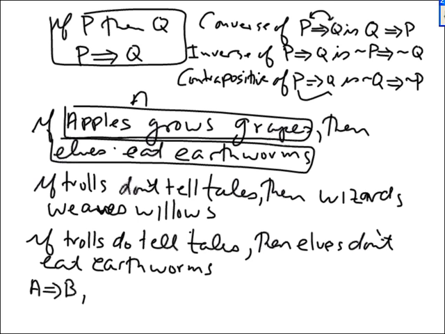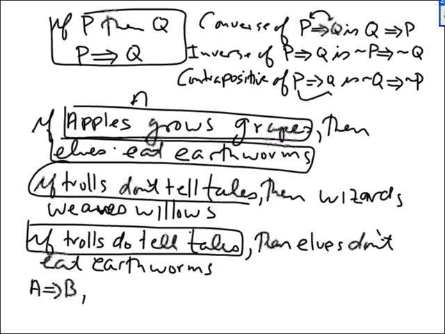Now, let's just go down to the third one, only because they talk about trolls do tell tales, and here they say they don't tell tales. So if I were to call this statement C, trolls do tell tales, and then elves don't eat earthworms. Well, we know what this statement is called.